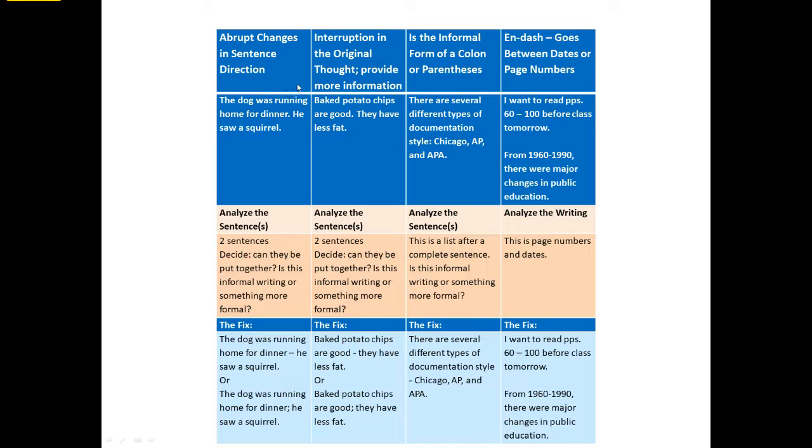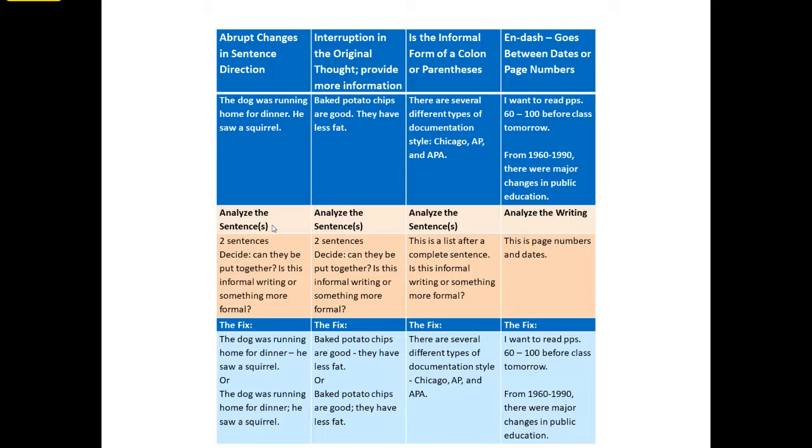So let's start off. The abrupt change in sentence direction. The dog was running home for dinner, period. He saw a squirrel. So, analyze the sentences. Well, there are actually two sentences. We need to decide, can these two sentences be put together? Is this informal writing or something more formal?